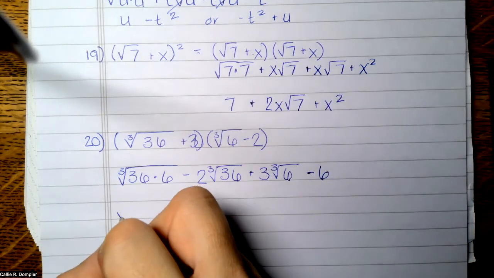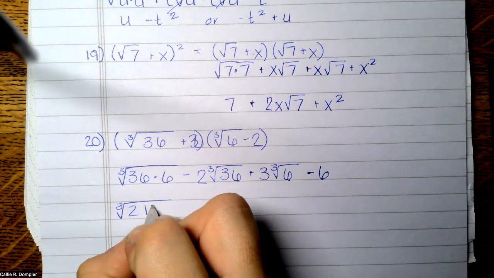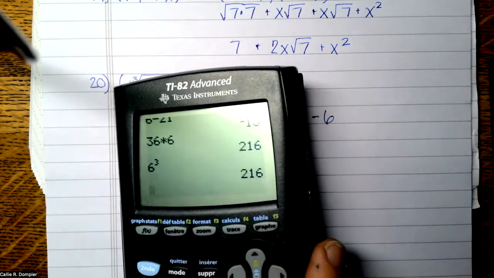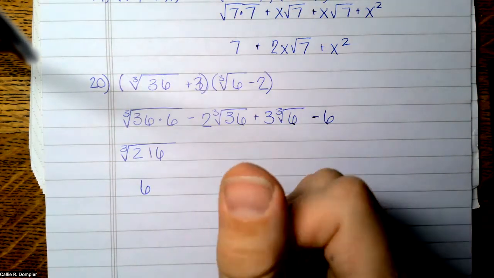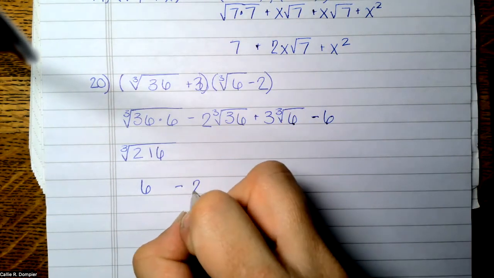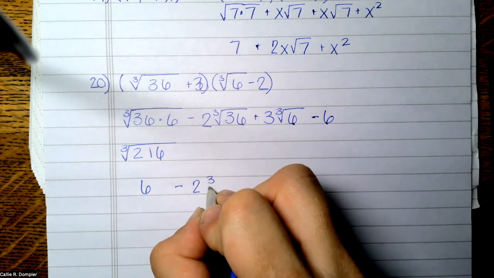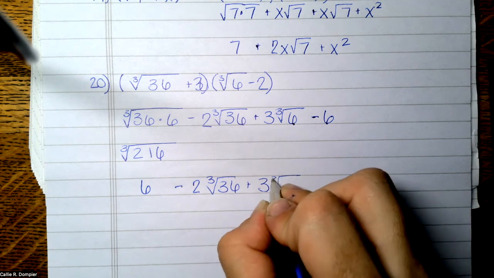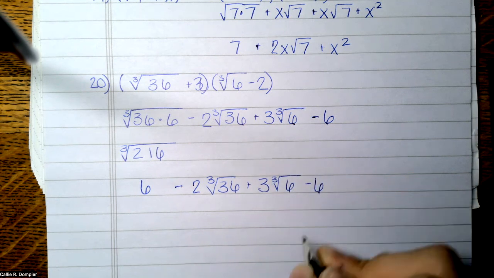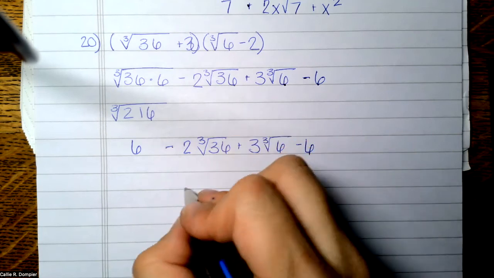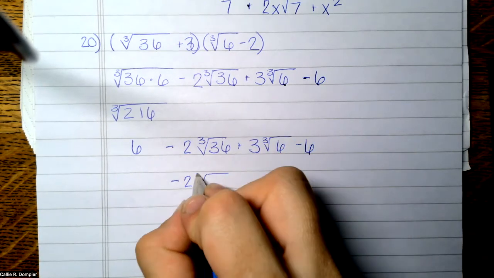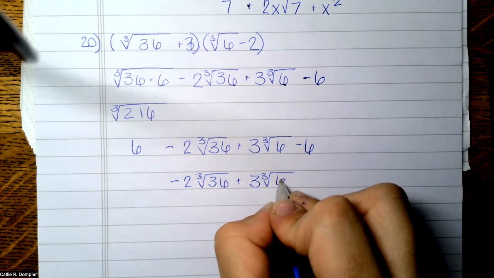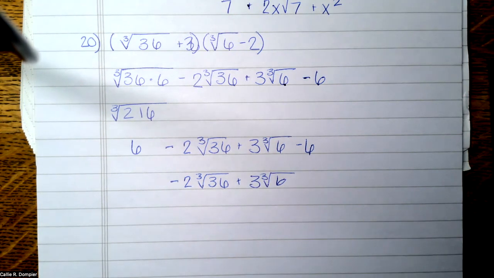So this is the same as 6, right? Minus 2 cube root 36 plus 3 cube root 6 minus 6. 6 minus 6 is 0. So we have negative 2 cube root 36 plus 3 cube root 6 as our final answer.